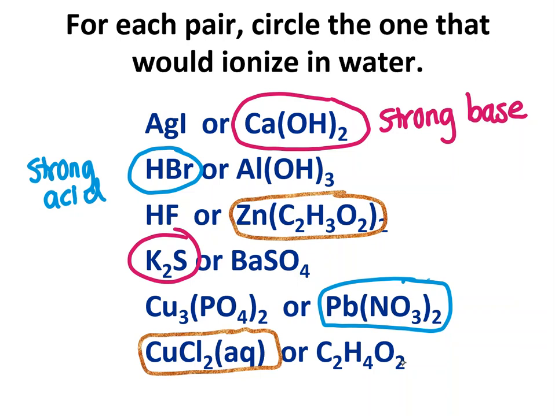The other thing is this looks like a molecular compound. It's all nonmetals. The way that it's written, the hydrogen is not in front, so I suspect this is not an acid either. But even if it were an acid, it's not one of the 7 strong ones that we have memorized. So on this one, we know it must be the copper chloride.